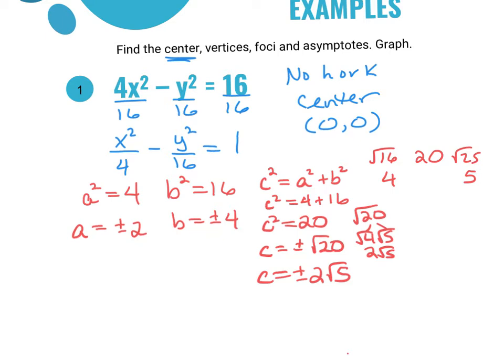So you know you're just going to put your dot in between 4 and 5 for the focus point. Does that make sense? So again, you can approximate this. The square root of 20 is about 4.5, we'll say. So when we go to graph this, plus and minus 4.5. Again, on your graph, you can just make it go by ones and just put it in between the two perfect squares.